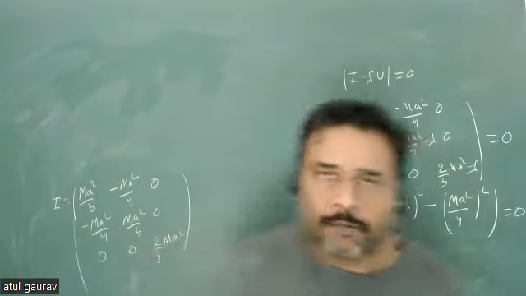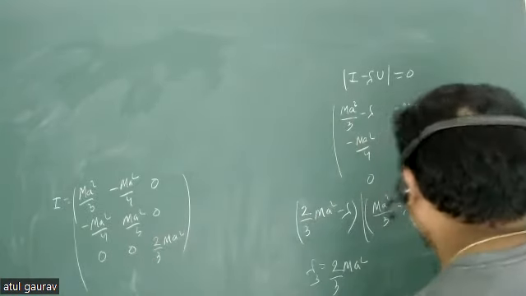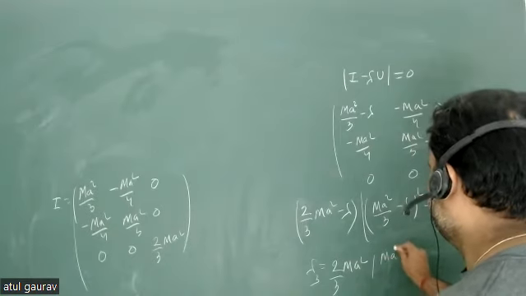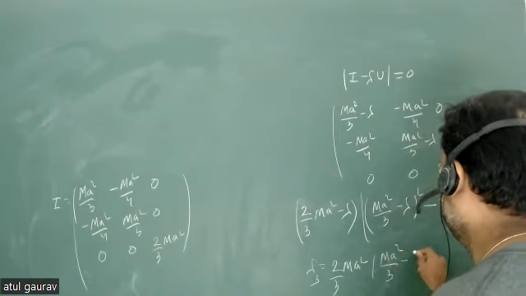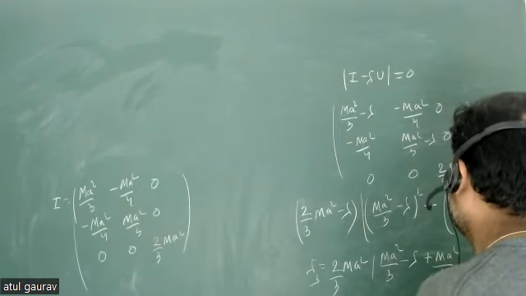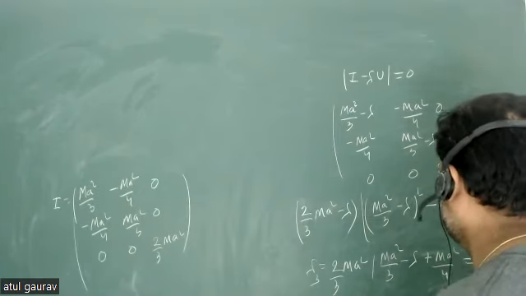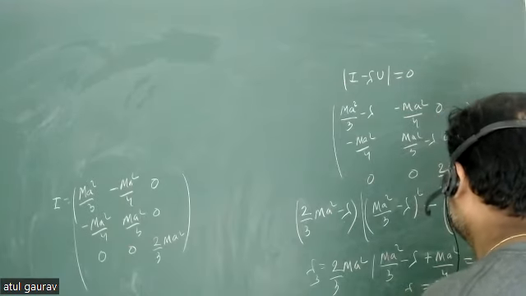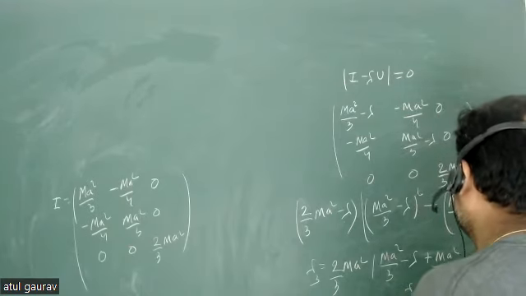You can use the a² minus b² formula. So what will happen? ma²/3 minus lambda plus ma²/4 must be equal to 0. And from here, we have 7/12 ma².